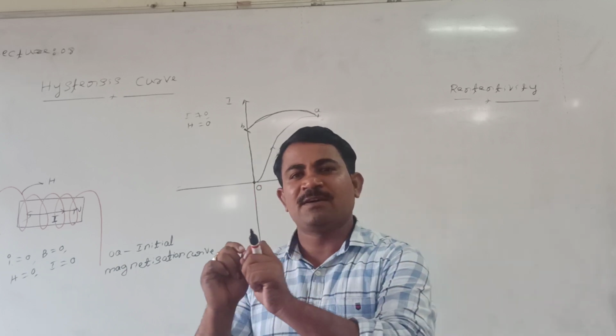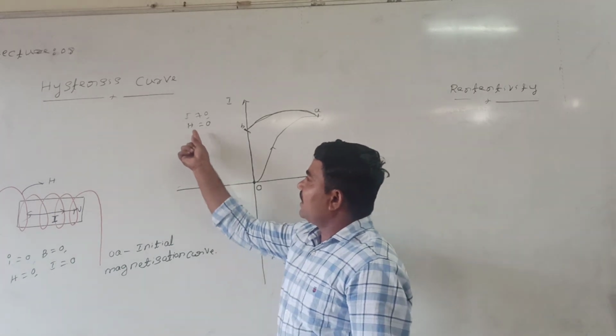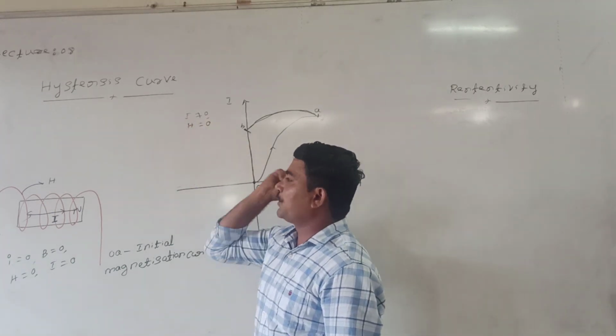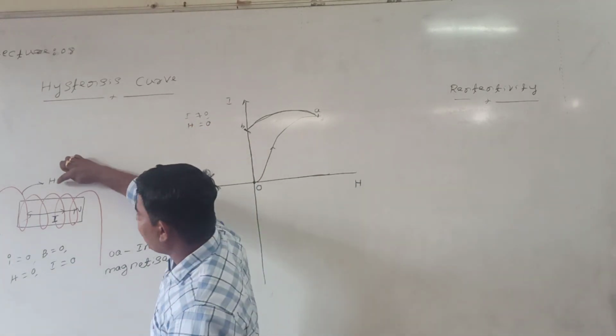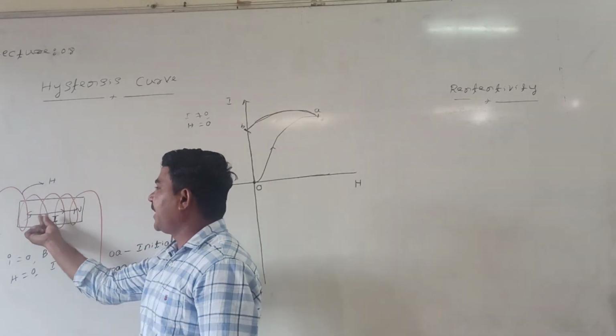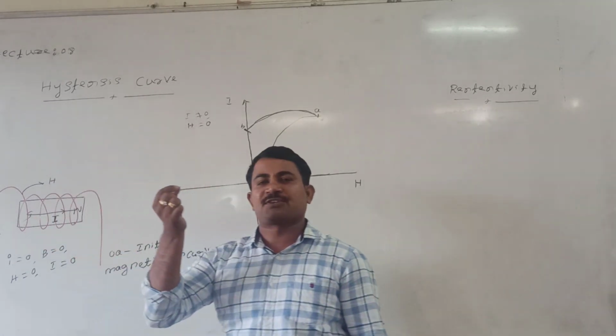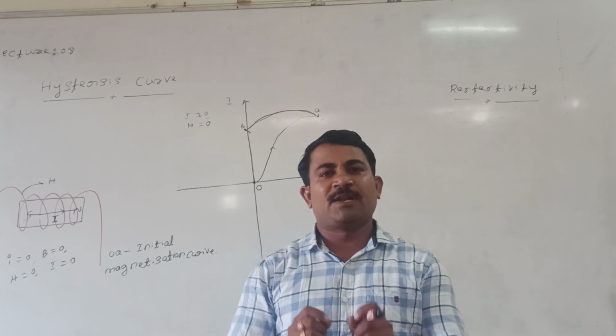Actually, when H is equal to 0, I is not equal to 0. In the absence of this field, the ferromagnetic material still shows magnetization.